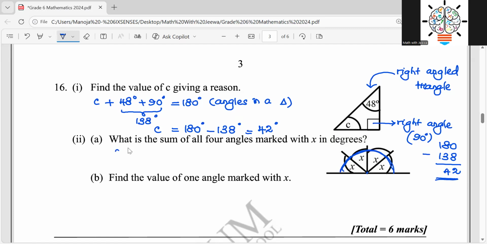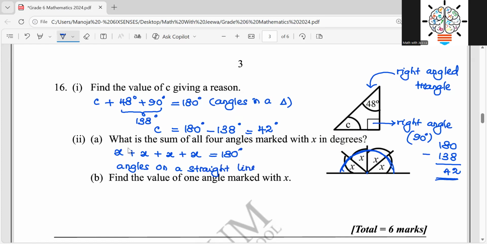We just write x plus x plus x plus x equal to 180. Then here we want to write the answer with the reason. So then we can write, find the sum of all the four angles. They have not asked us to write that. You can write angles on a straight line.